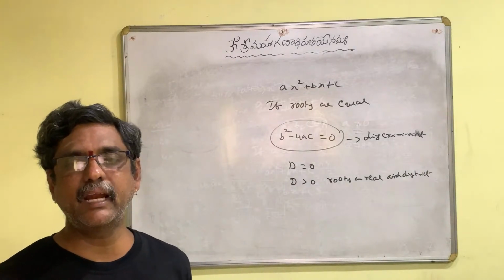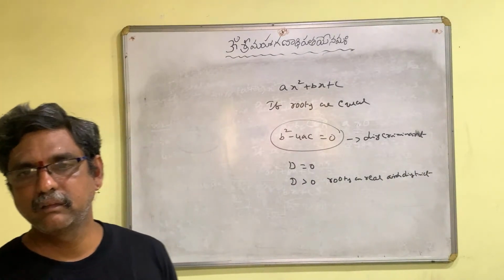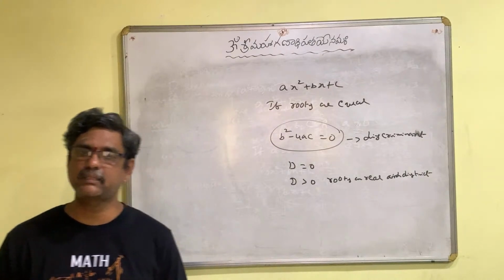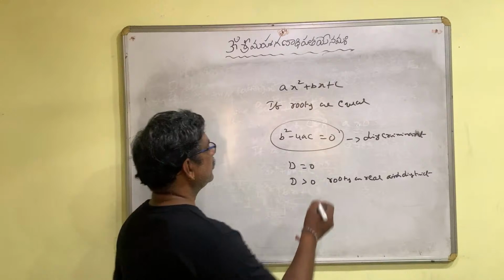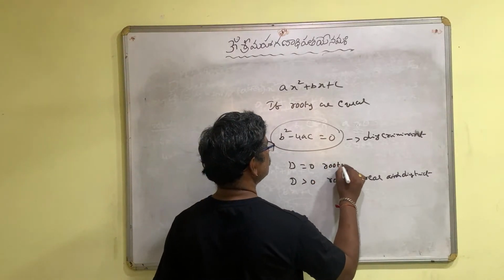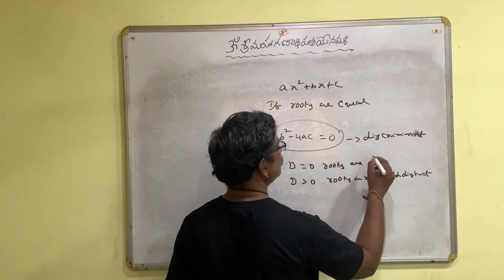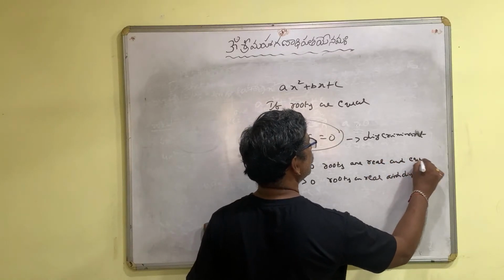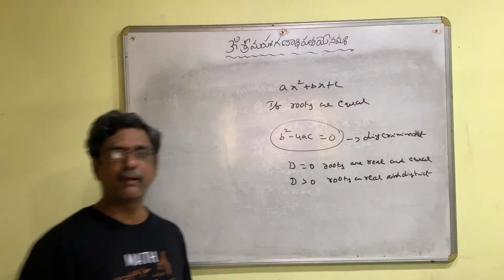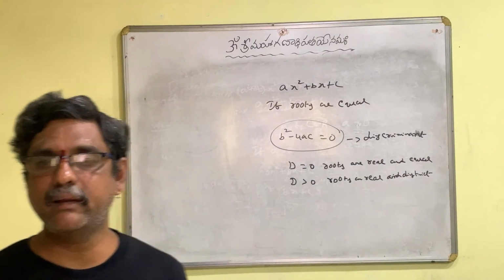What do you mean by real and distinct? The roots are real numbers and moreover different roots. They are not same. Note down everyone, real and equal.